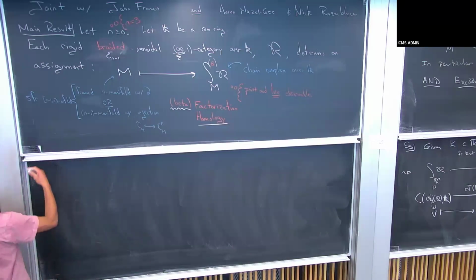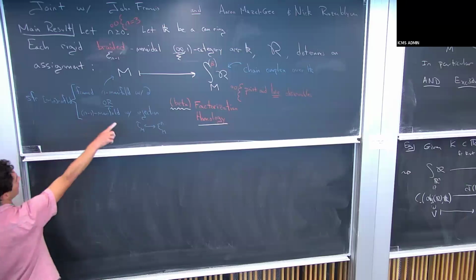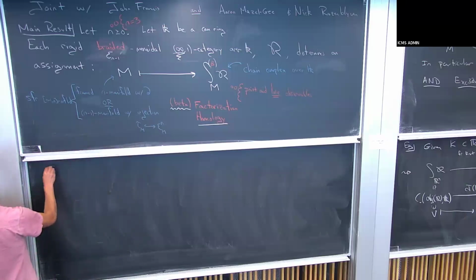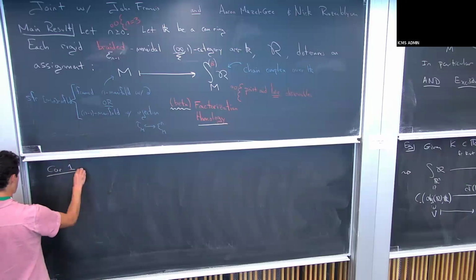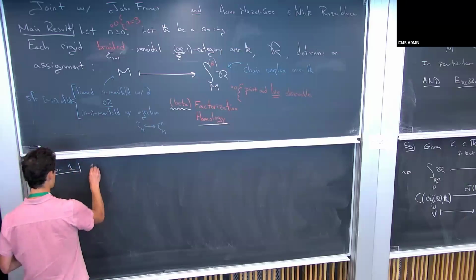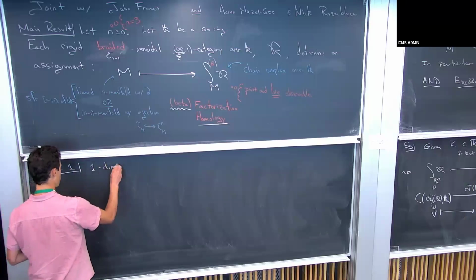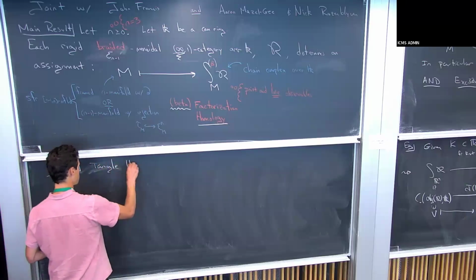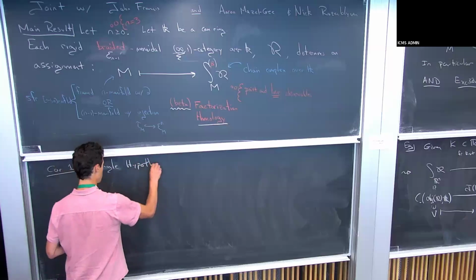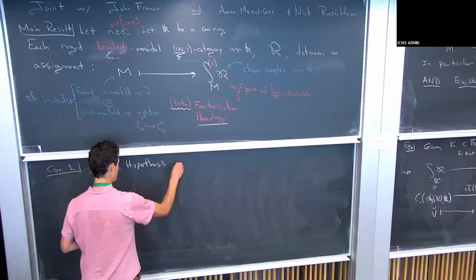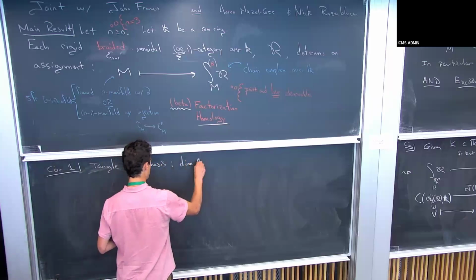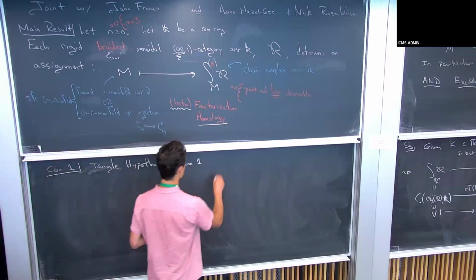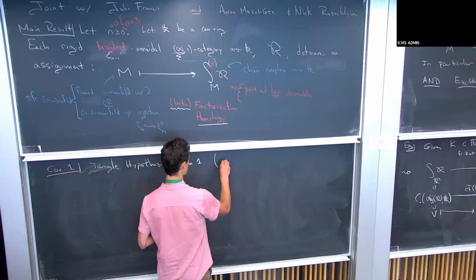So the logic of the construction actually uses these results independently, but I'll state them as corollaries. The first is the tangle hypothesis, of one-dimensional tangles in ambient dimensions, and then certain singular versions.